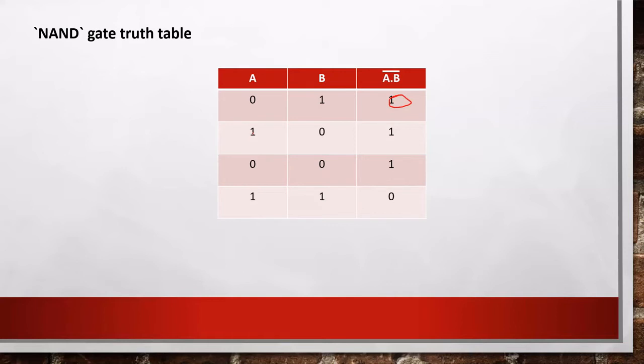Likewise, if you pass 1 and 0, the multiplication is 1 into 0, which is 0, but the opposite is 1. 0 into 0 is 0, the opposite is 1. 1 into 1 is 1, and the opposite is 0. In coding, we represent the NAND gate like this, A dot B and the bar.